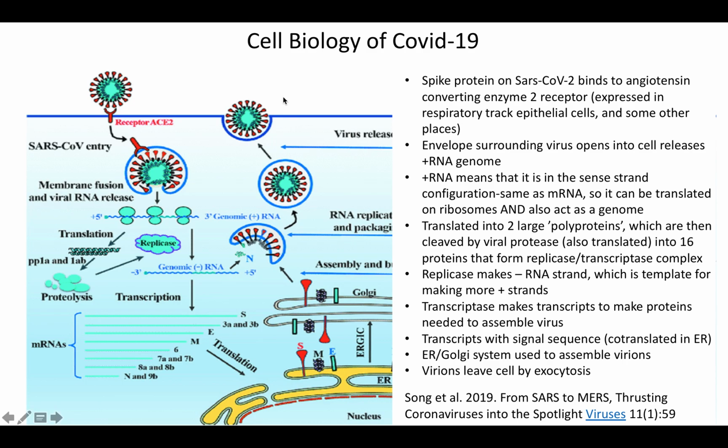So these ACE2 receptor proteins are found in the cell membrane of cells that line your respiratory tract, so the inside of your mouth and your throat and your lungs, in your nasal cavity. It's thought, and this just came out this week, that the reason why some people lose their sense of smell is that there's a particular part of your nasal passages that has really, really high expression of these receptors.